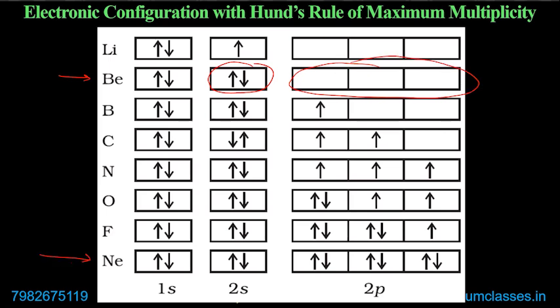But in noble gas configuration, the subshells as well as the whole shell are filled. In the second shell, there will be only 2s and 2p subshells. Both subshells are completely filled. Because all subshells are completely filled, that's why this represents noble gas configuration.